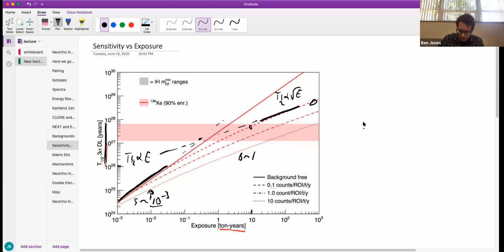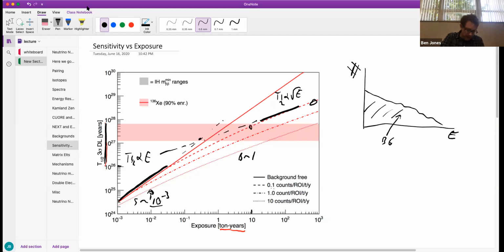So in the statistical discovery regime, what you have is some predicted background. So maybe this is energy spectrum versus number of events. So you have some expected background spectrum, and then there's some signal you're looking for on the top, okay?